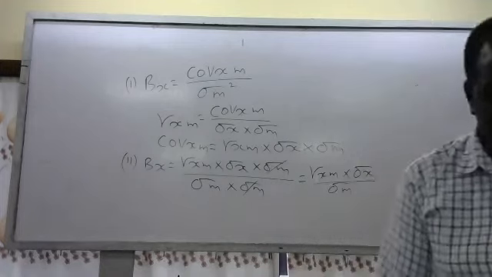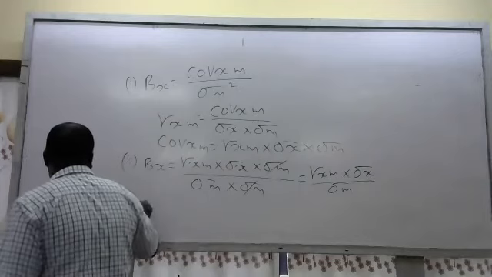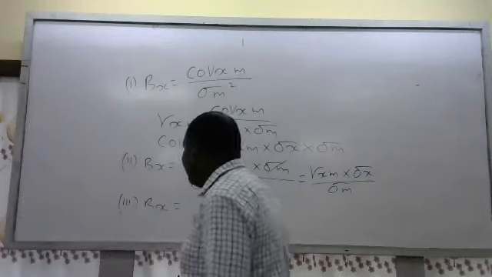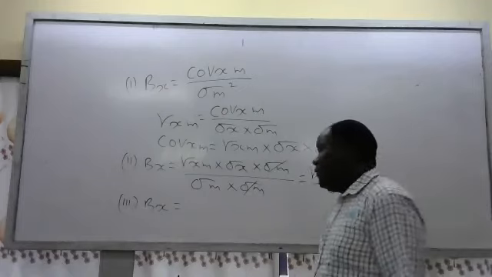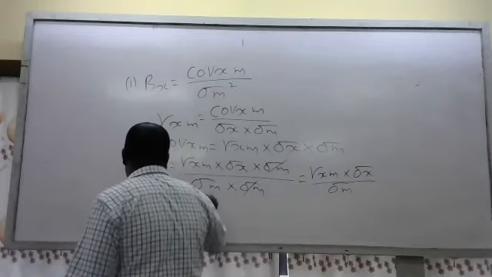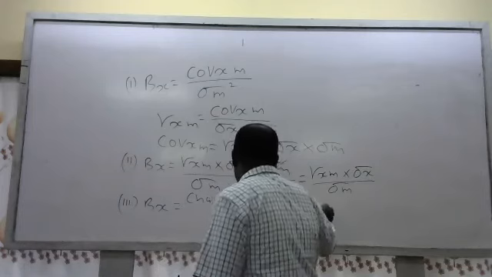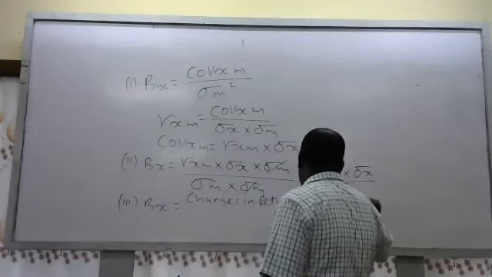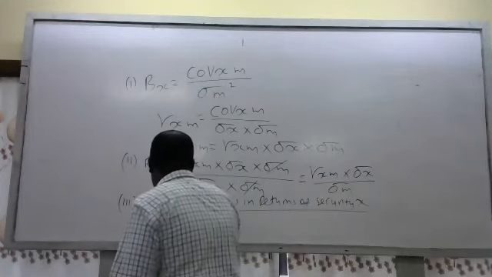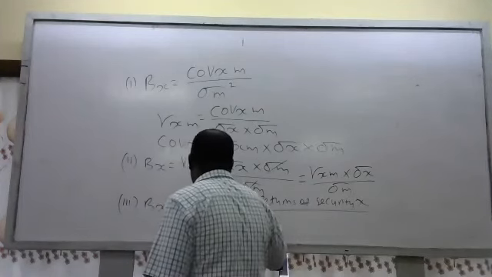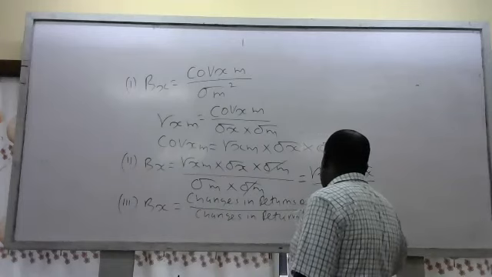The last formula to get the beta factor of, let's say, X can also be given by the changes in the returns of security X, divided by the changes in the returns of the market.